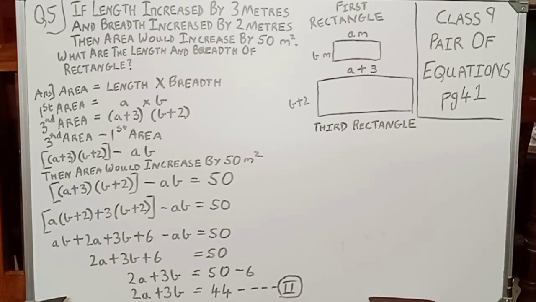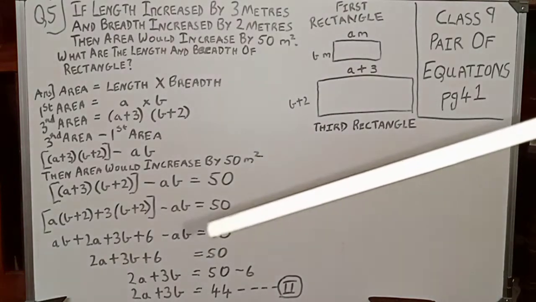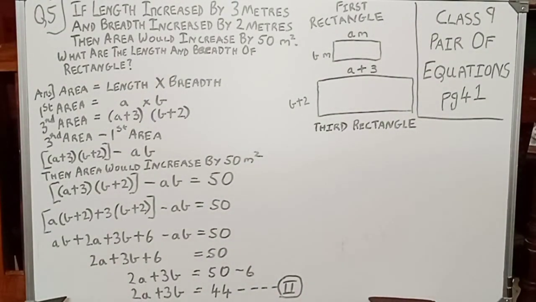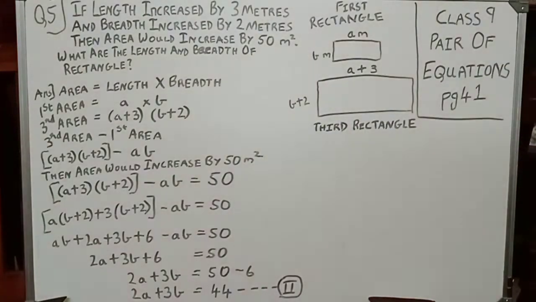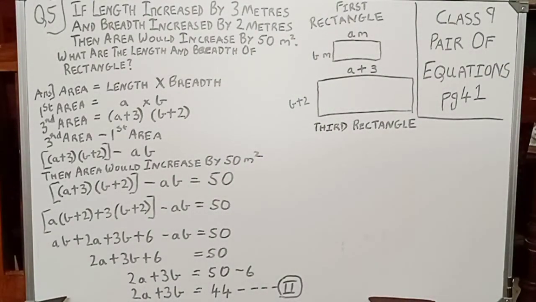Now if you carefully see, AB and minus AB can get cancelled. After cancelling, whatever remains we carry forward: 2a plus 3b plus 6 is equal to 50.